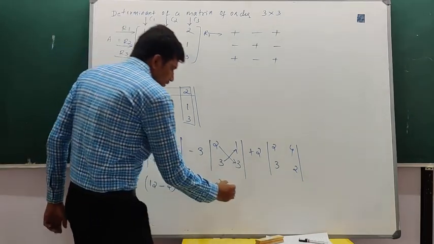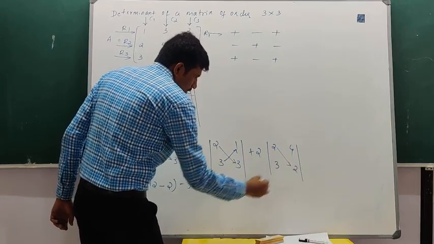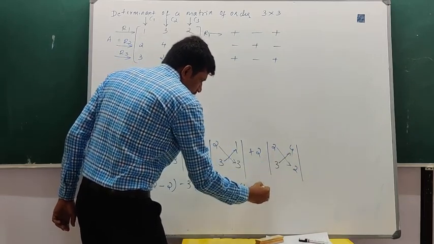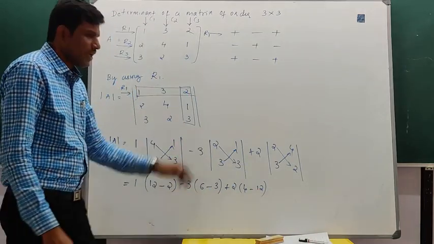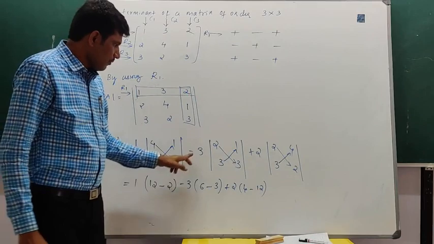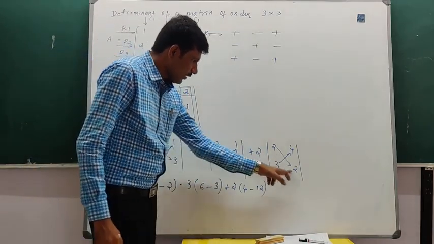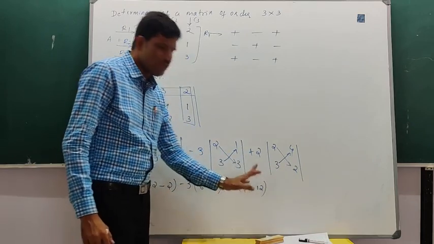So plus 2 into, now we multiply these two: 2 into 2 is 4 minus 3 into 4 is 12. So 4 into 3 is 12 minus 2 into 1 is 2, minus 3 into bracket 2 into 3 is 6 minus 3 into 1 is 3, plus 2 into bracket 2 into 2 is 4 minus 3 into 4 is 12.